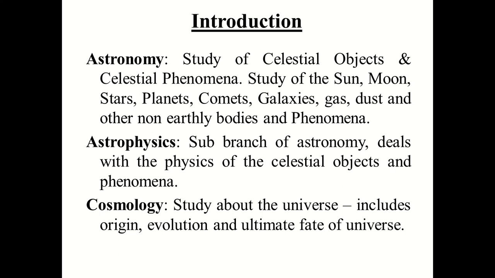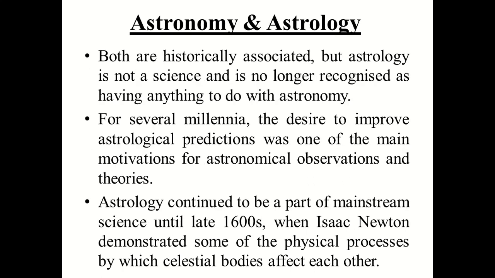Now, the ancient people usually misunderstood that astronomy and astrology are the same thing. But nowadays we know that astronomy and astrology are entirely different. Astronomy is a branch of natural science, but astrology is not a science at all.